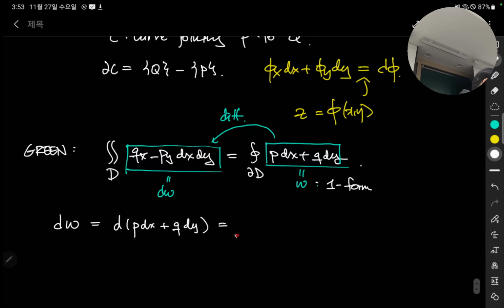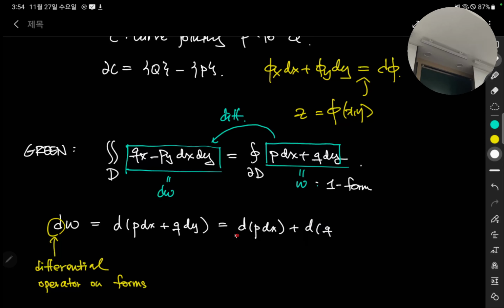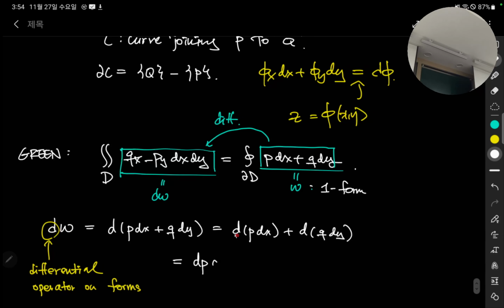So d is the differential operator on forms. And it's linear, so you can split your differential operator for each term, d(p dx) plus d(q dy). And on the first part, what you do is just a definition again: dp times dx plus p times d dx.